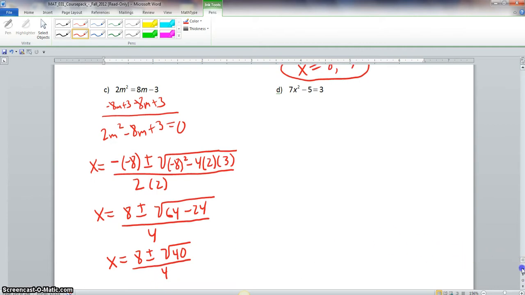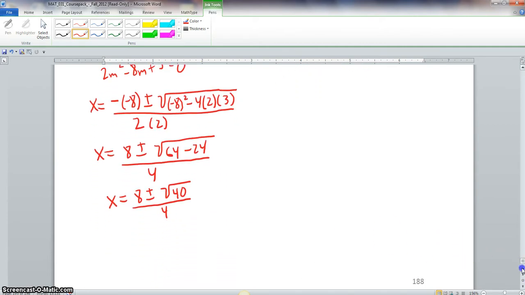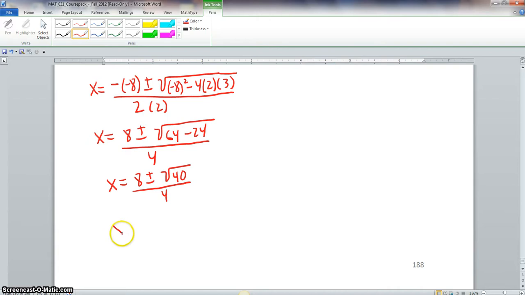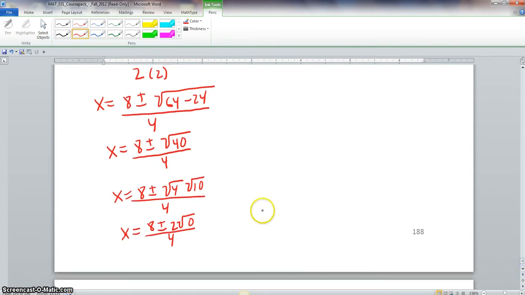Now we know the highest perfect square in 40 is 4. So we have x is equal to 8 plus or minus the square root of 4 times the square root of 10 all over 4. So we have x is equal to 8 plus or minus 2 square root 10 all over 4. Now, we can separate this and solve.